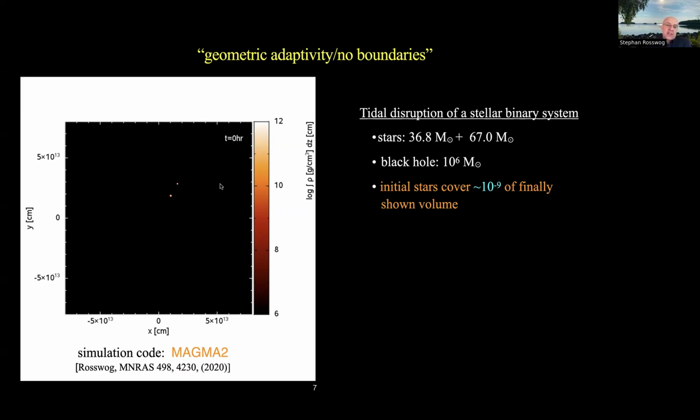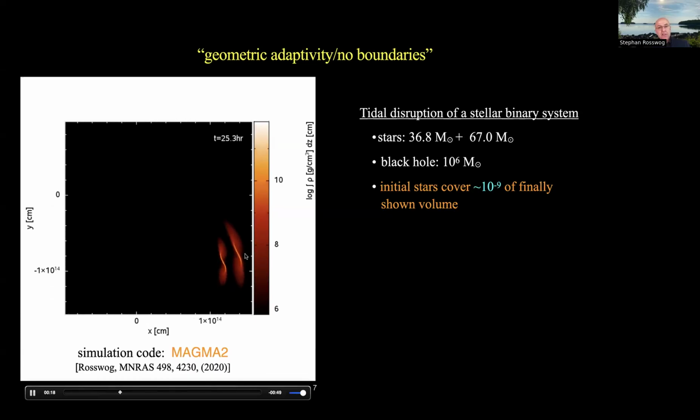And the stars are now moving on orbits so that both of them are disrupted by the black hole, one after another. Now you see the first star. It's being disrupted and stretched. Now the second star is being disrupted. Now you see they move to the boundaries, but this is just for the movie. There's no boundary in the simulation, and I'm now just zooming out for the movie.